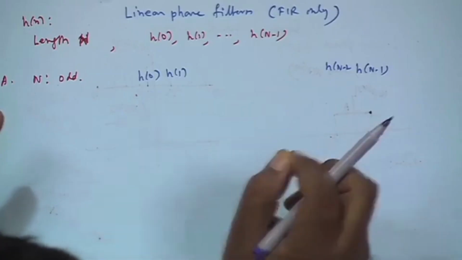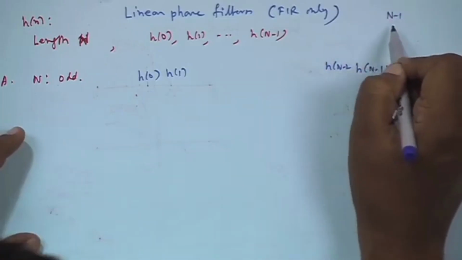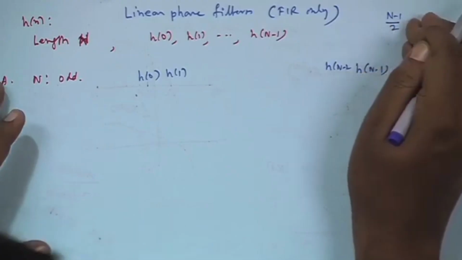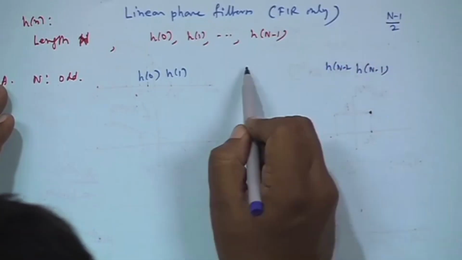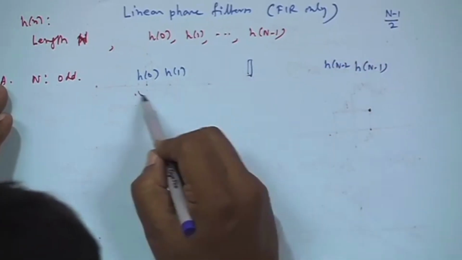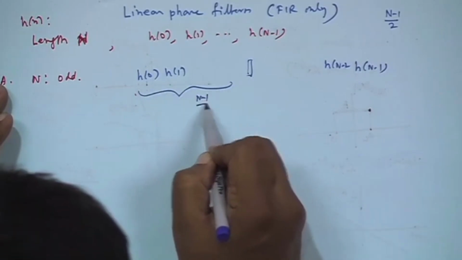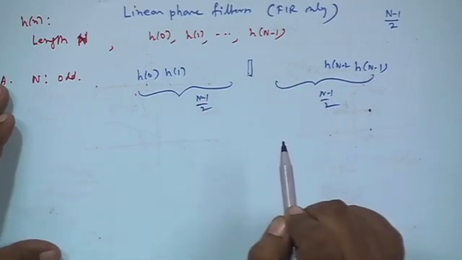So, suppose I take 1 out, then n minus 1 is even, and n minus 1 by 2 is an integer. So, what happens, there is a central guy and to the left I have got n minus 1 by 2 terms, to the right I have got n minus 1 by 2 terms and this guy.